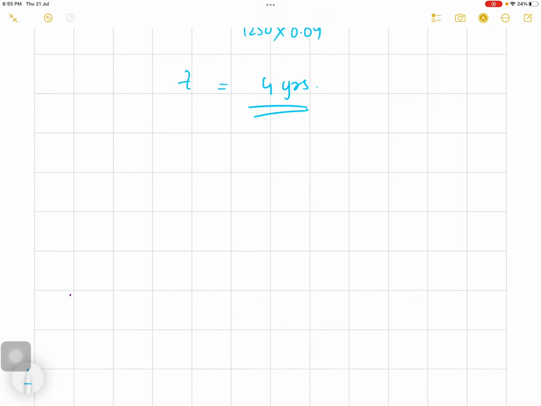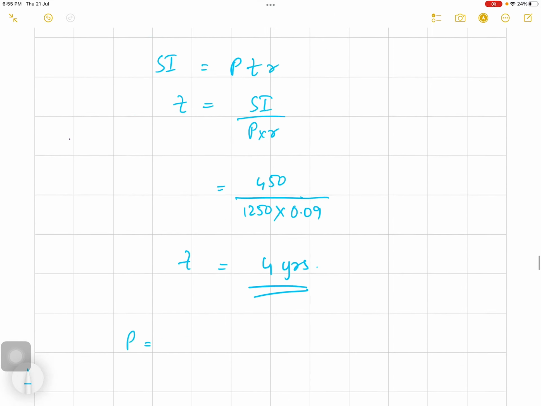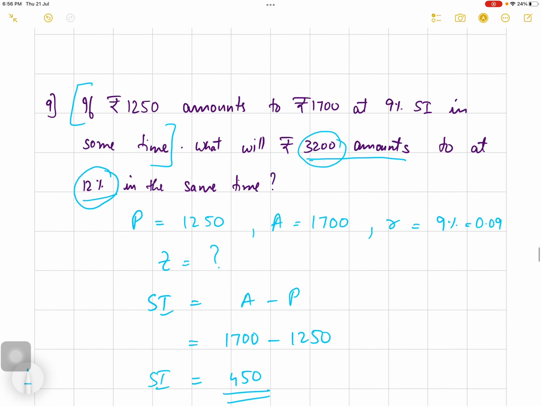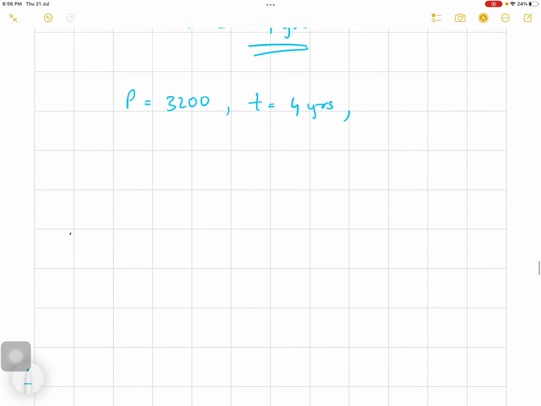Okay. So the second part, P is equal to 3200. T is going to be the same, so 4 years. R is 12%. And A you are supposed to find.